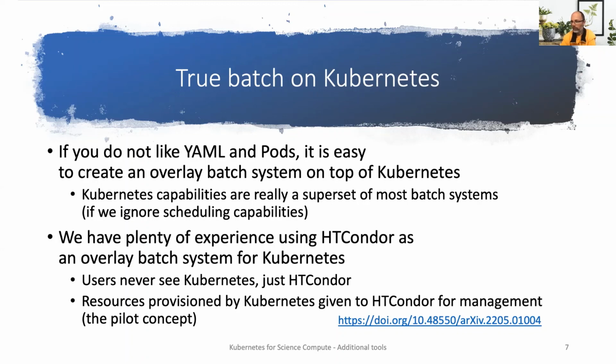So I would deploy HTCondor worker nodes inside Kubernetes and create essentially a Condor pool out of Kubernetes resources, and users never see Kubernetes and just use Condor using the standard pilot concept. I even have a paper about that if you are interested. Not saying you should do that, but be aware that it is an option.